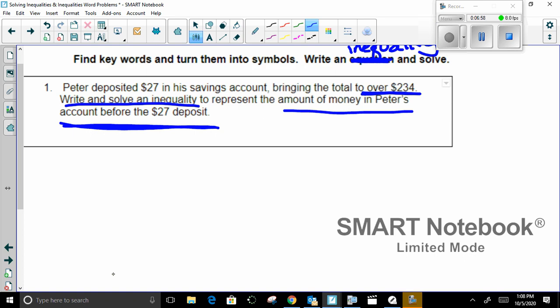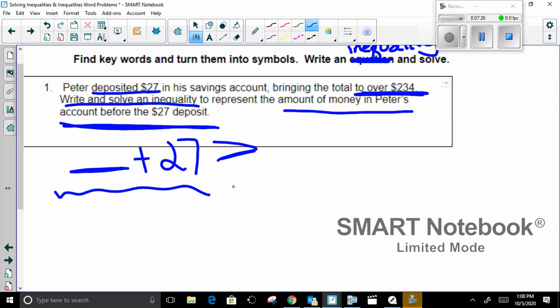So think about, if you deposit money, is that being added or taken away? It is being added. So I had some amount of money plus the $27 that Peter deposited, and it says it's bringing the total to over 234. Well, if I'm going more than 234, I'm going greater than. This total on this side is greater than 234.